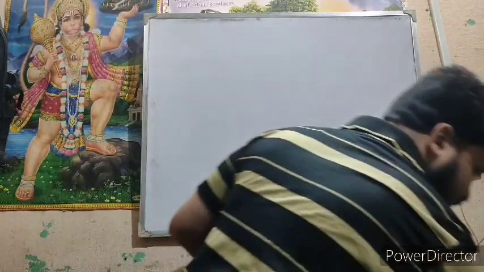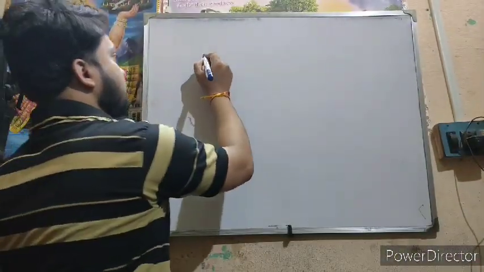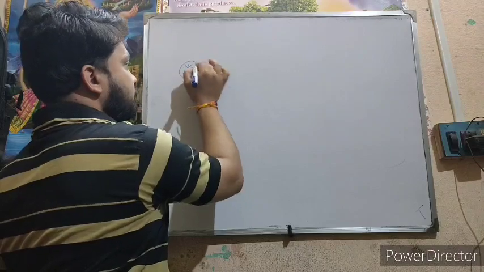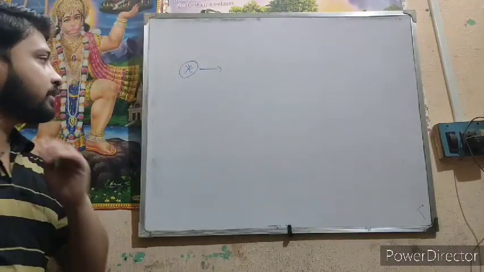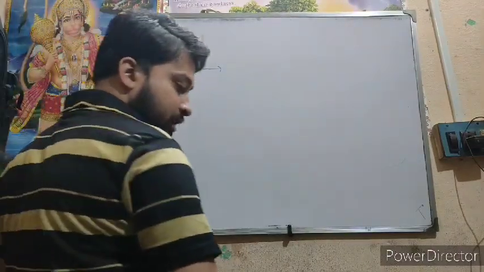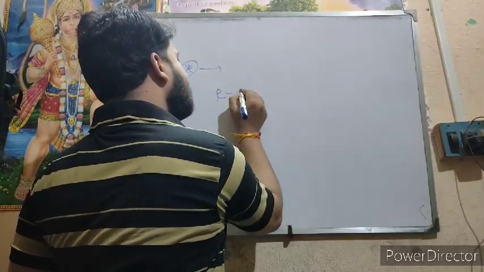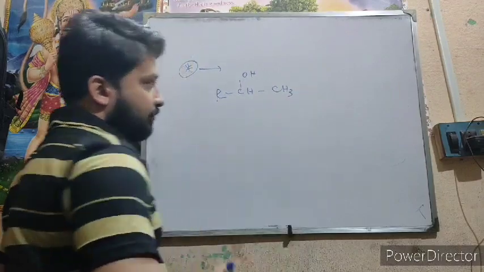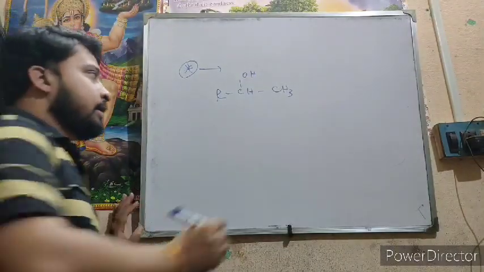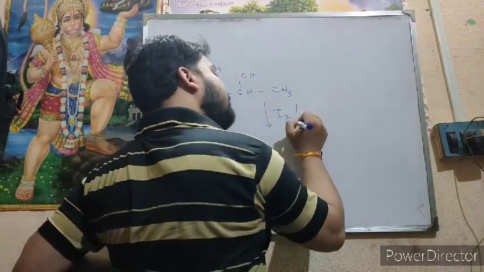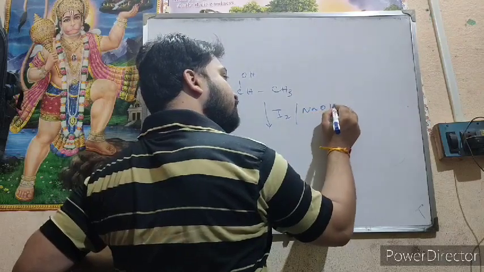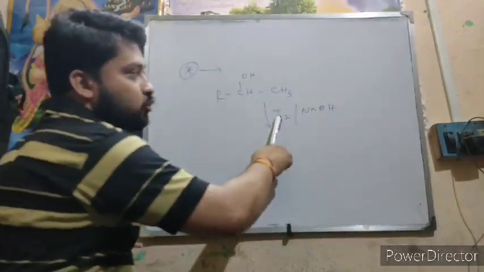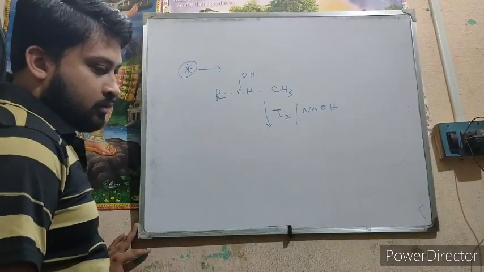Now you can get the iodoform test. What is the iodoform test? You take RCHOHCH3, this is very, very important, and you react with I2 and NaOH solution.